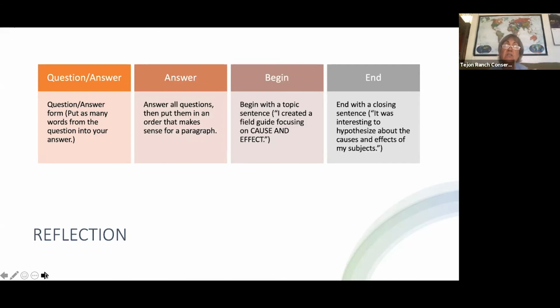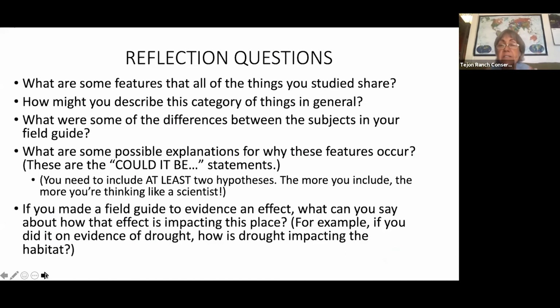All right, so here are your questions. What are some features that all of the things you studied share? So what I'm really asking is, what do they all have in common? I might have written an answer something like, some of the features that all of the things I studied share are plants that are producing seeds of some sort.